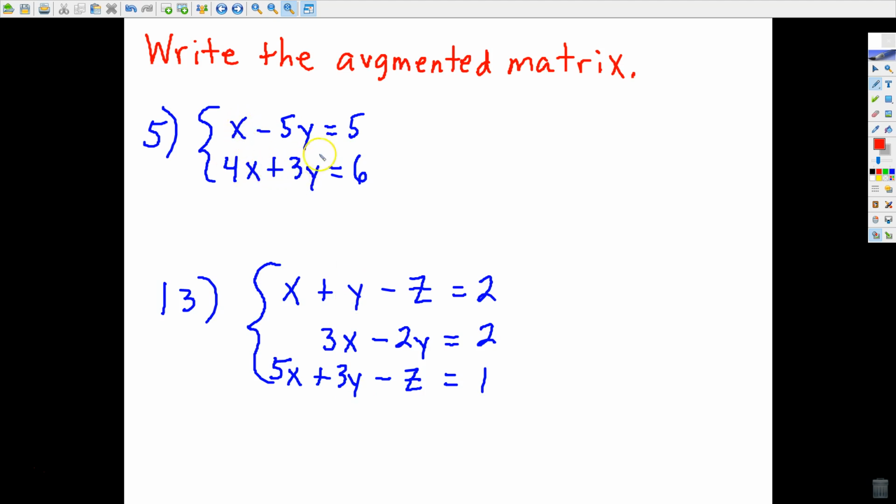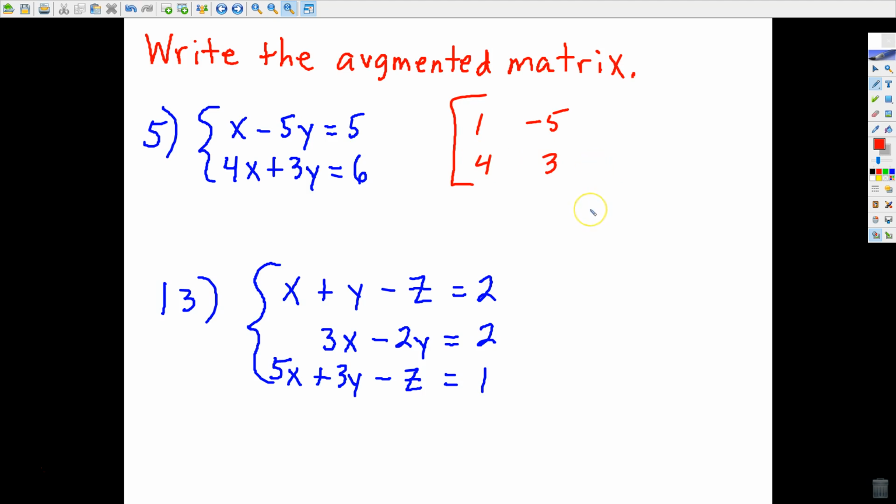So really what that idea is, if you think about it, we have a matrix that consists of these four terms separated by these equal signs, and then in a way there's another matrix on the right. So this idea of an augmented matrix means we're going to make a 2 by 2 matrix using the coefficients on the left side of the equation. So that would be 1, -5, just the coefficients, 4 and +3.